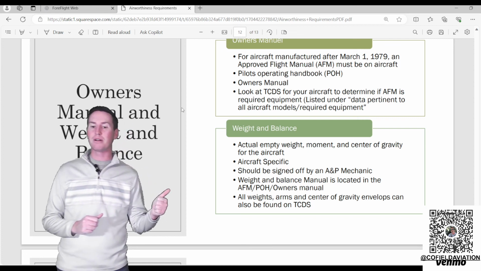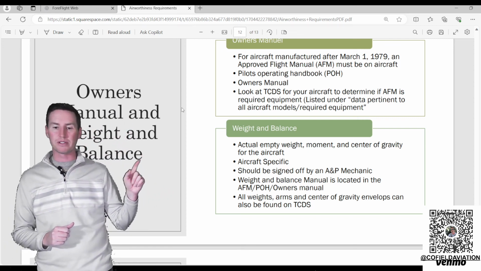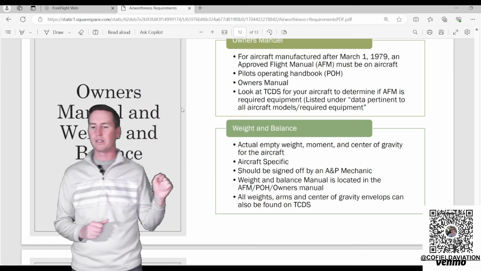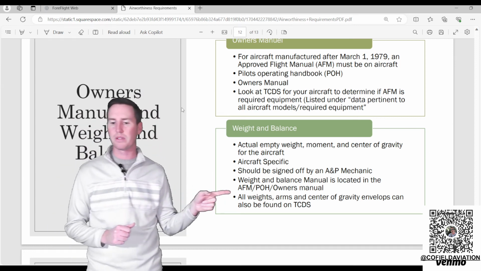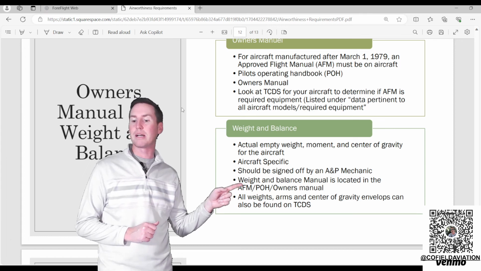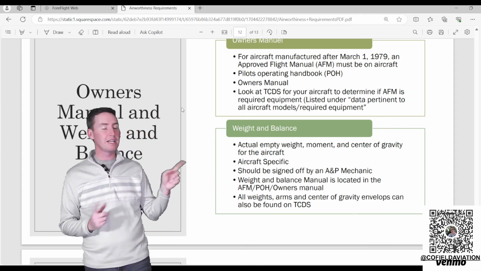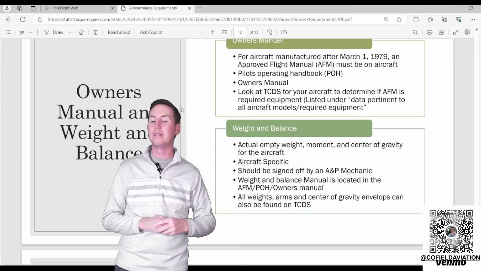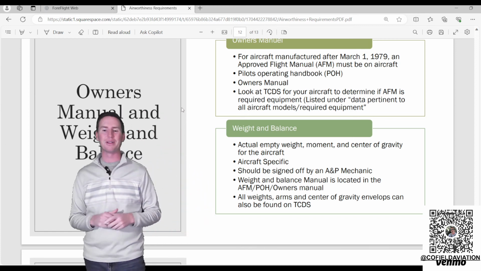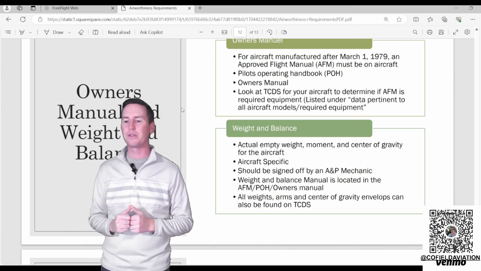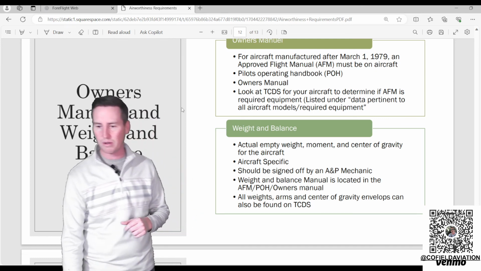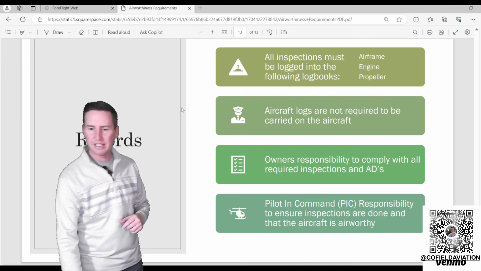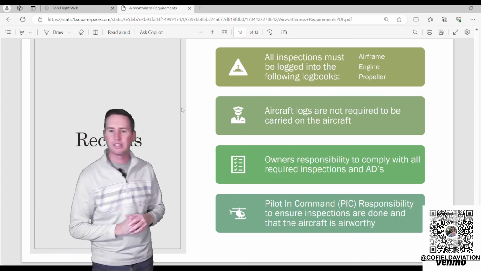And also in data pertinent to all models, it shows where your datum point is. So if the weight and balance manual doesn't show where the datum point is, that's shown on the type certificate data sheet. So if you're getting my drift here, the type certificate data sheet is super important. Look it up, print it off for your airplane. It's well worth it.